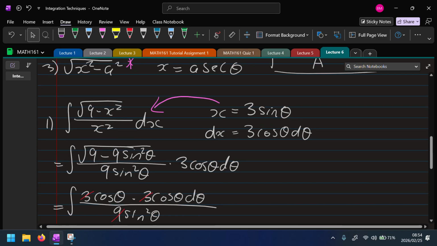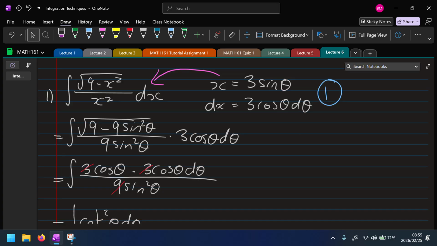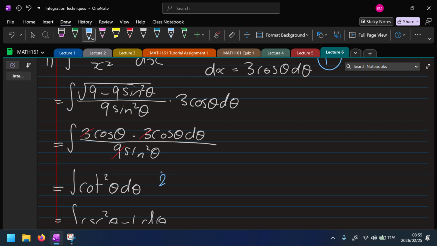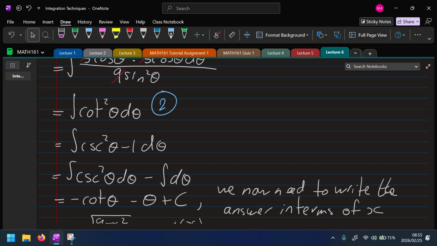Okay, so here's step 1. We make the substitution based on whatever case it is. Step 2, you substitute all of that in, you do your simplifying, and then you'll end up with some trig integral. Then once you've done your trig integral, from whatever we did last week, you end up with something with trig functions and theta.